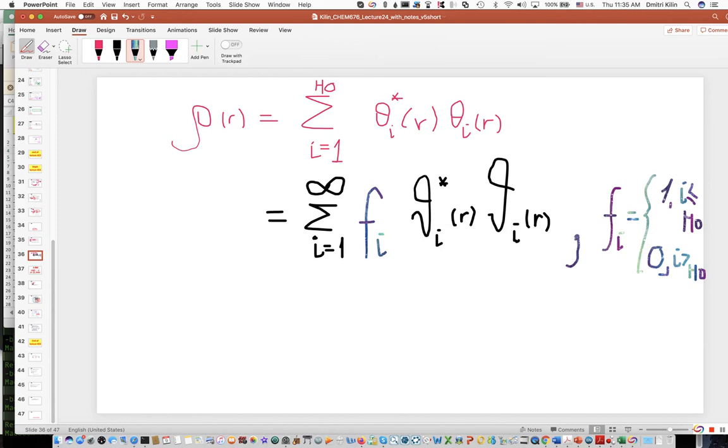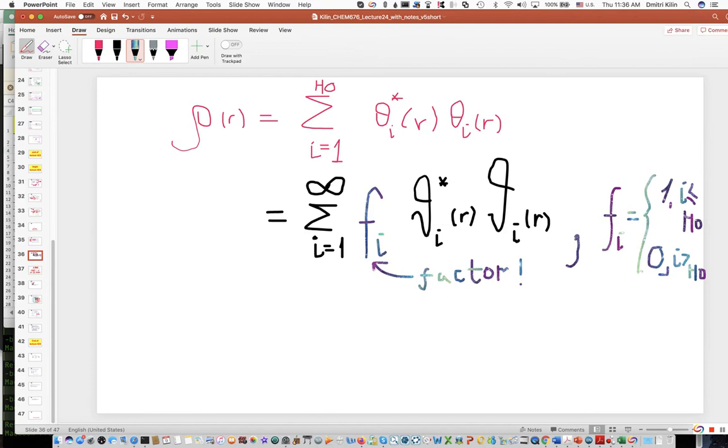And the only specific is that we are putting a weighting factor that disables the contributions from undesired orbitals, right?